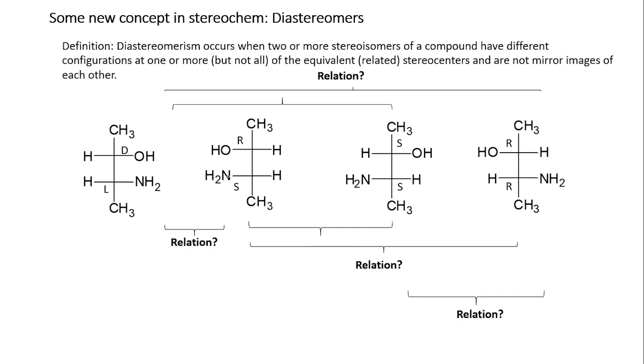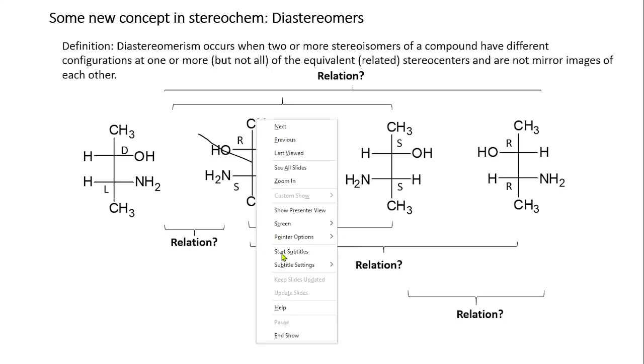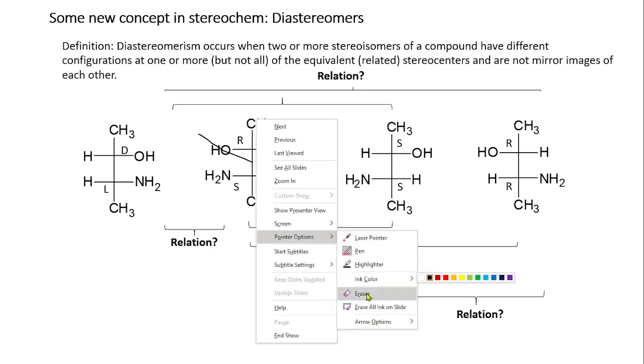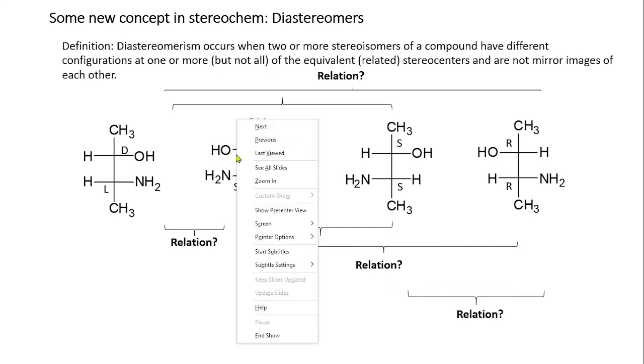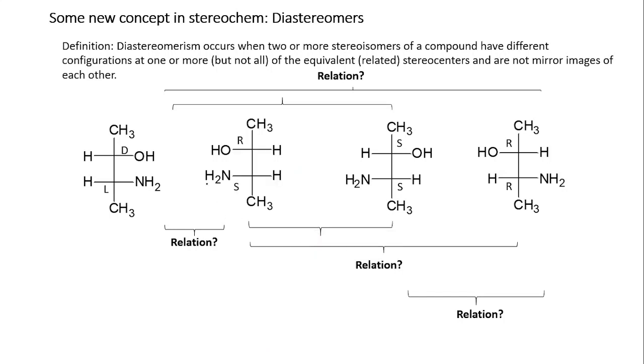So for example here, if you look at the first two molecules, you can see that this carbon here is changed, right? This is OH on the left side and this is OH on the right side.